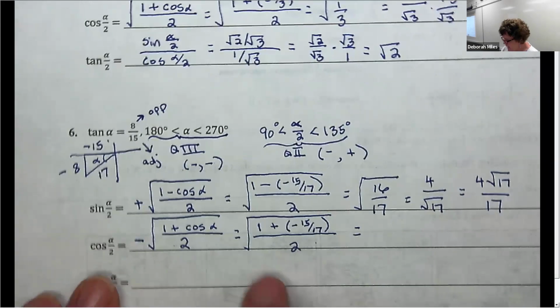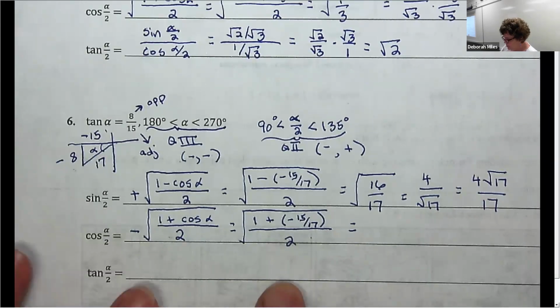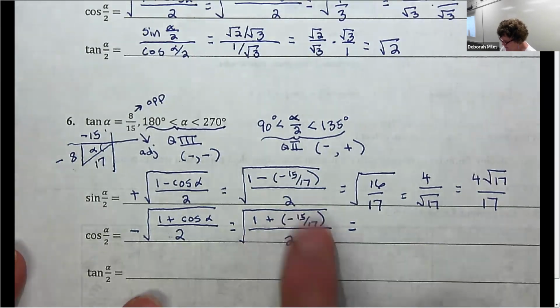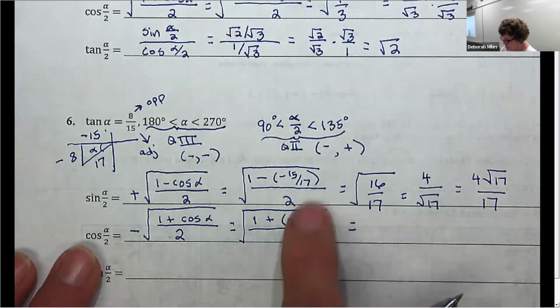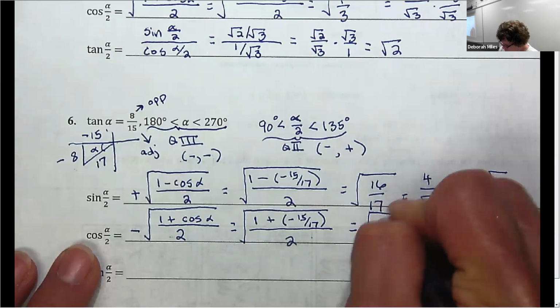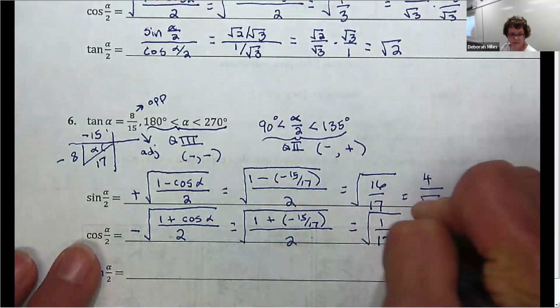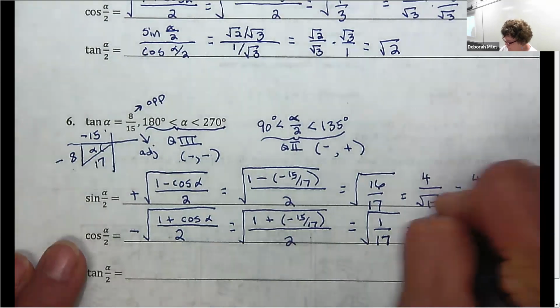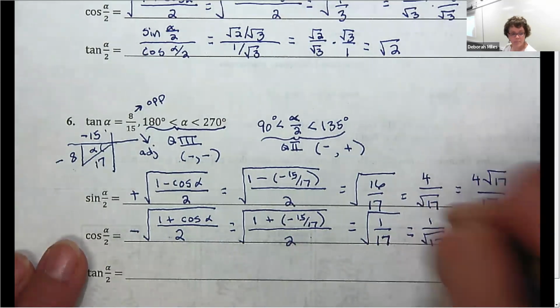All right, cosine alpha over 2 would be the square root of 17/17 minus 15/17, which is 2/17, divided by 2, which is the square root of 1/17, or just 1 over square root of 17.